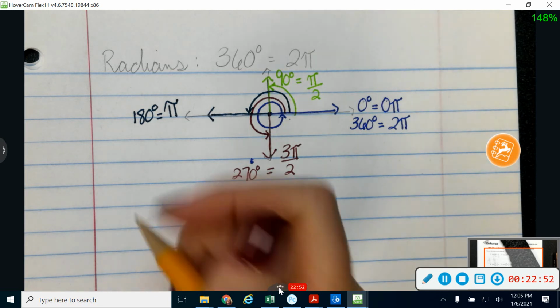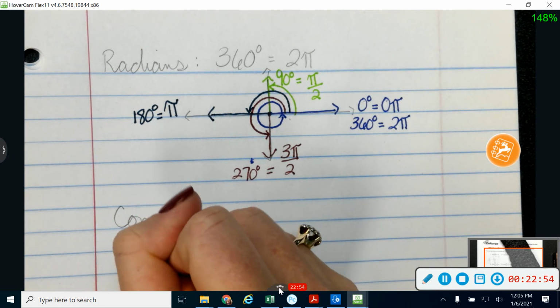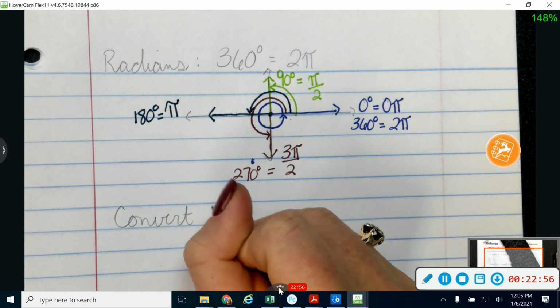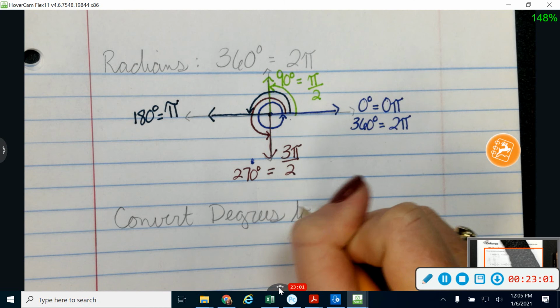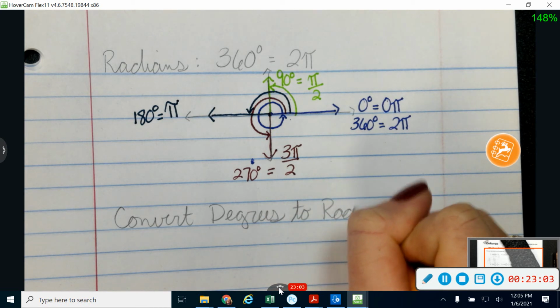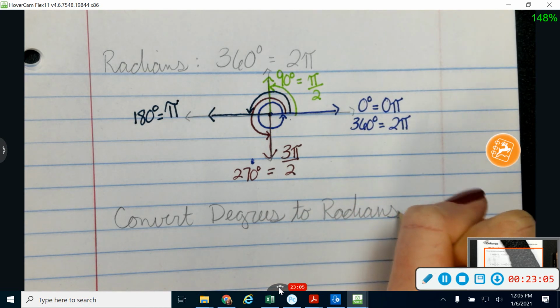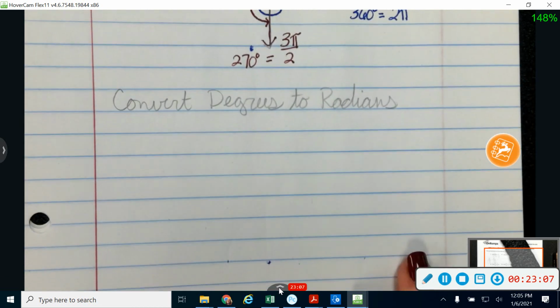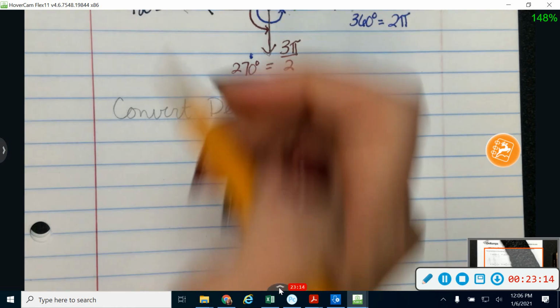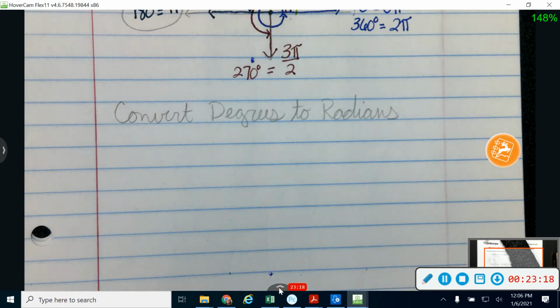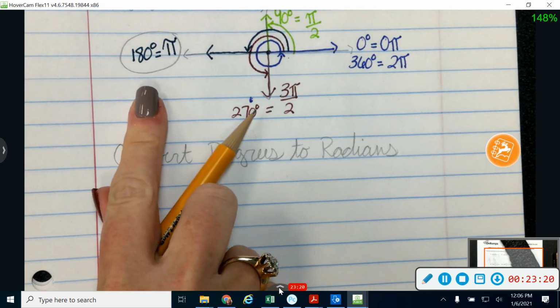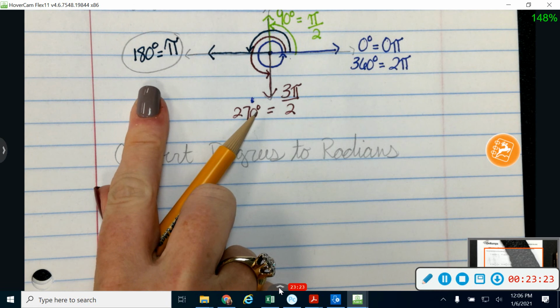So mathematically, here's what I need you to know today. Let's start with converting from degrees to radians. This relationship right here of pi being equal to 180 is what we're going to use to be able to convert.